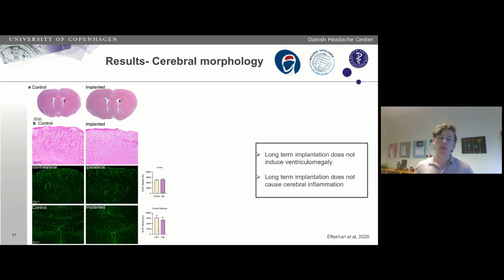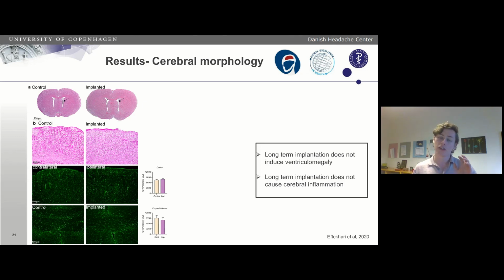And what's really important to understand actually, does implanting in these rodents actually cause issues with the brain, i.e. does it damage the brain? So in these animals that were implanted in 50 days, we show that this implantation does not cause ventriculomegaly, which is one of the main indicators of brain damage.